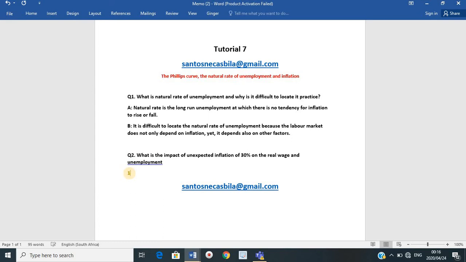So we can say the first effect is that in the short run, there will be a decrease in real wage. This is basically due to the fact that real wage is equal to nominal wage divided by the price level.